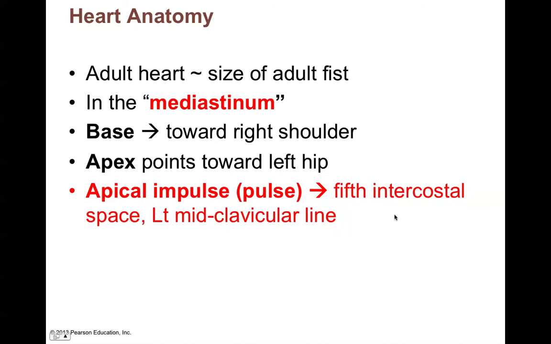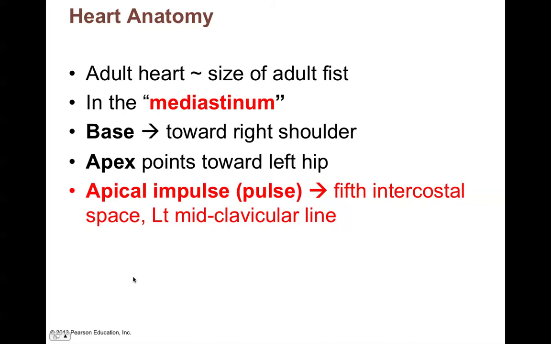So body landmarks are important to know so that you can assess things more properly. And in this assessment, listening to the apical pulse depends on listening. We call that auscultation, using a stethoscope.